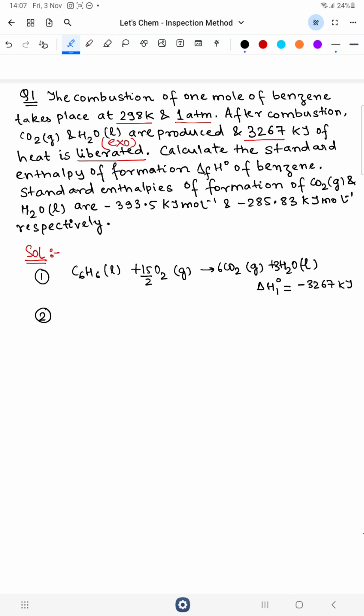Second reaction is also given, that is the standard enthalpy of formation of carbon dioxide. So I'll write down that reaction here.